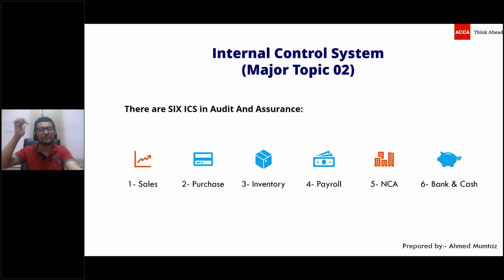The condition is you got to understand the exam requirements first, because there are multiple exam requirements when it comes to this major topic number 2. You got to understand the marking scheme.